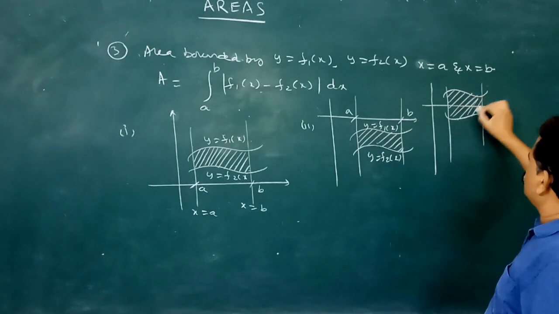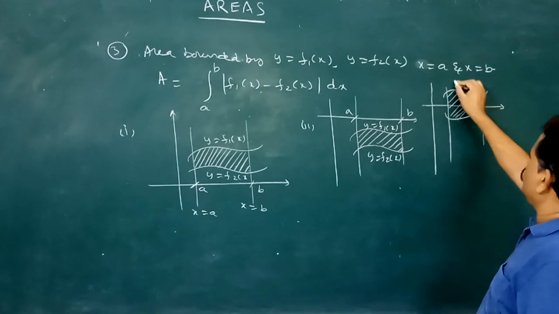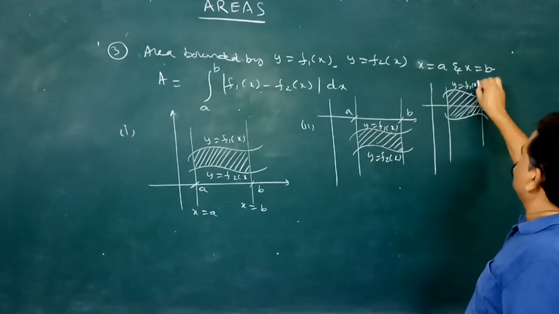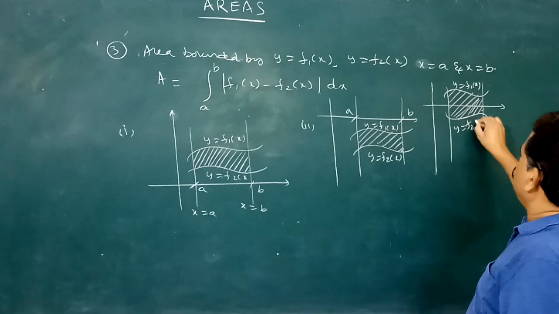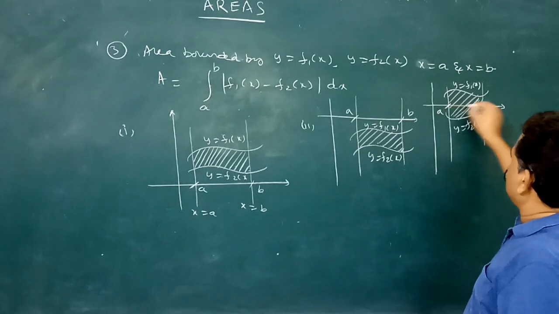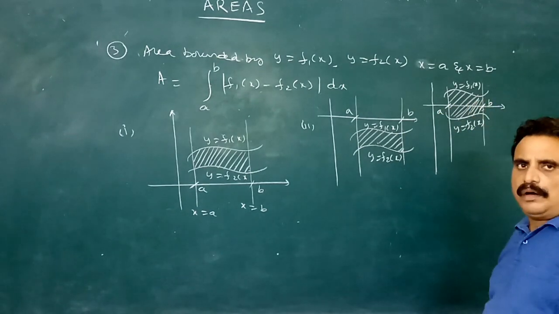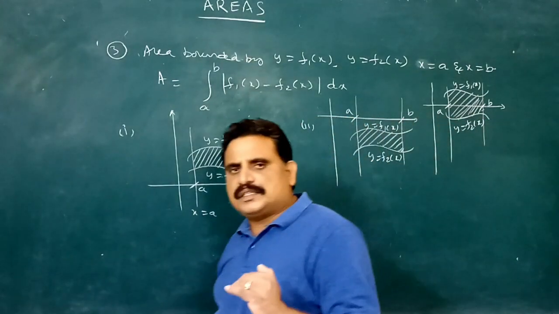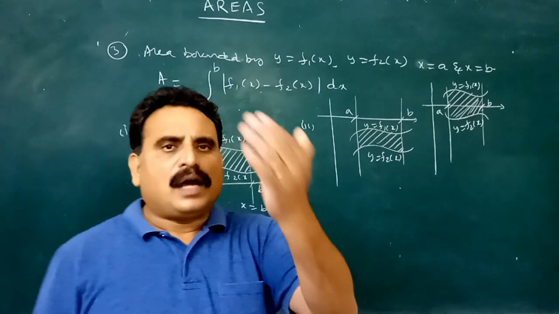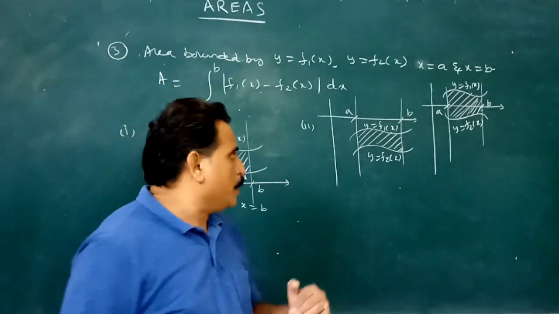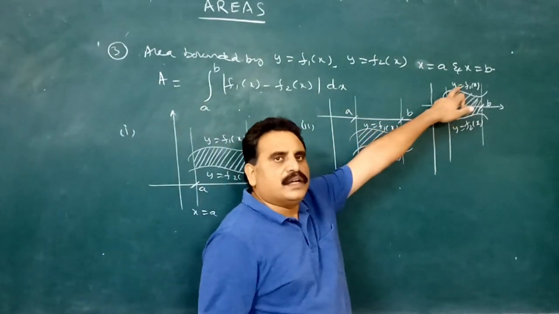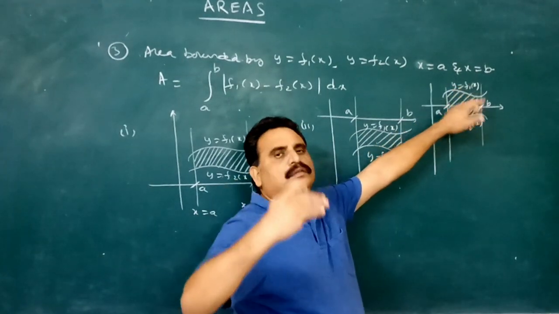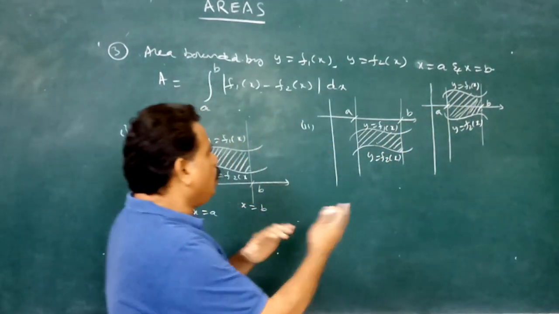In all the cases, you observe that y equal to f1(x) is above the region and y equal to f2(x) is below the region between x equal to a and x equal to b. That means we say that f1(x) is dominating f2(x) in all these three cases.